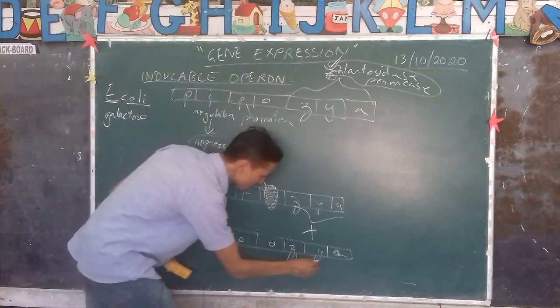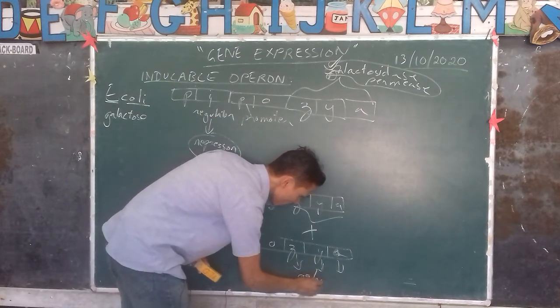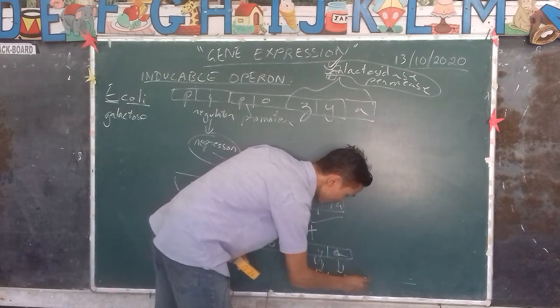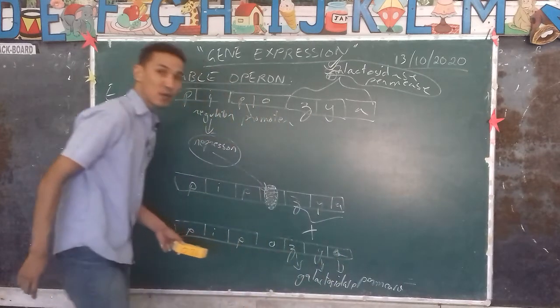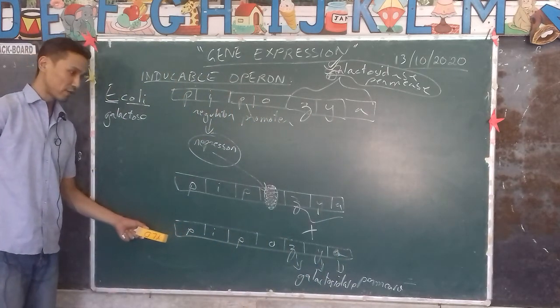So your ZYA genes produce galactosidase permease. That means in this particular case, the E. coli is able to digest galactose.